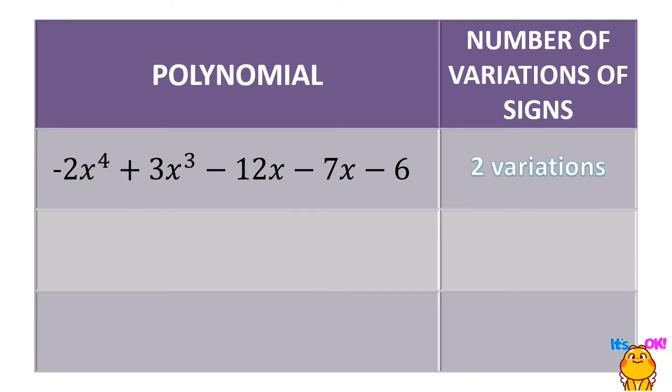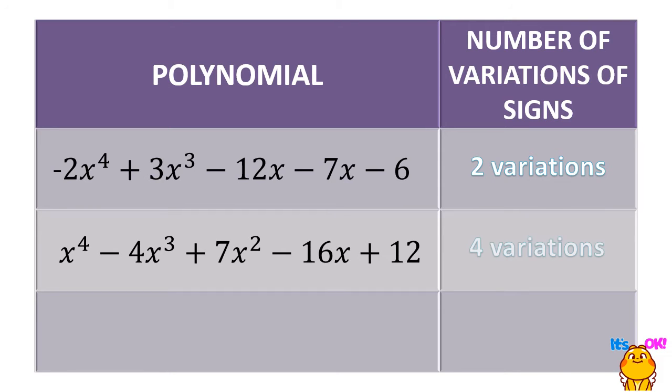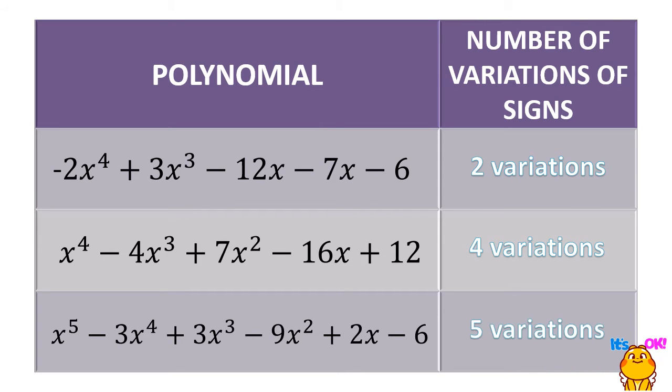Here we have 2 variations. Next, we have 4 variations. And lastly, we have 5 variations. And that's it. I hope you understand how to find the number of variations of signs in the given polynomial.